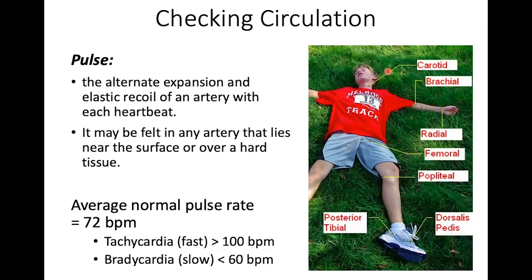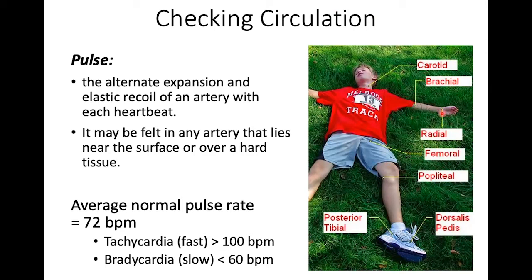Now, we have a number of different pulse points that we can check on an individual. Specifically, dorsalis pedis and posterior tibial are very effective ways of checking pulses, specifically on patients that may be in a hospital bed lying on their back, but might have an IV of sorts attached here into their hand.